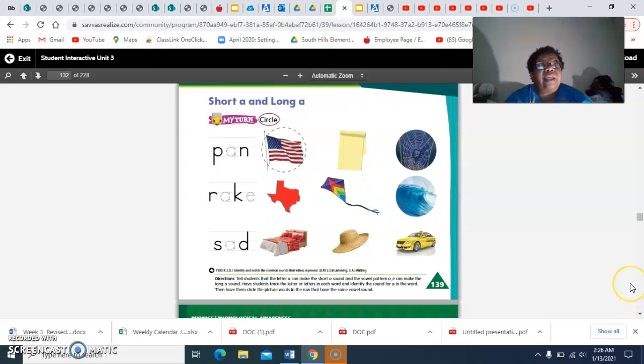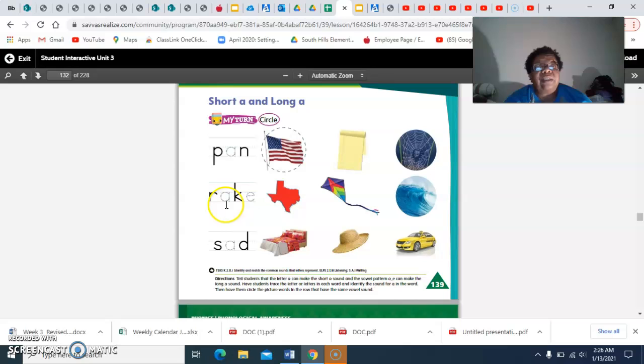Then we have the letter for this week is letter A. Remember, it's a vowel, so we have short A and long A. And I told the kids that when they see the letter E, that means that this will be long A. It'll just say A. If it doesn't, then you'll use the short sound for A. On this page, you're looking for the short A sound in the pictures.